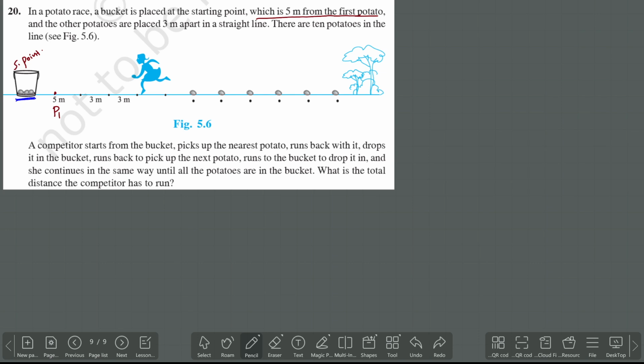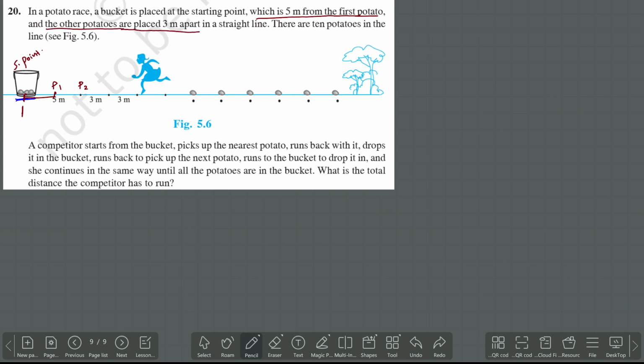This is the first potato; the bucket is placed 5 meter from it. Then this is the bucket. This is potato number 1, potato number 2, like this. The first potato is placed from the bucket 5 meter apart. That is their statement. And other potatoes are placed 3 meter apart.